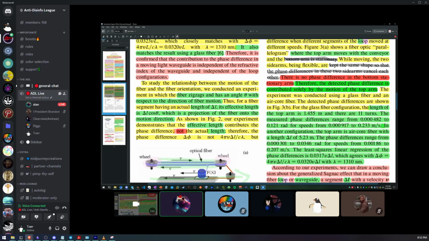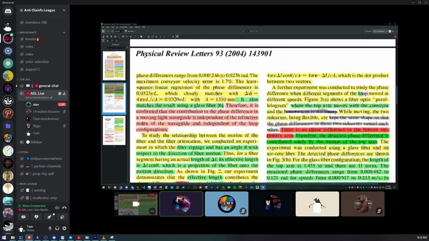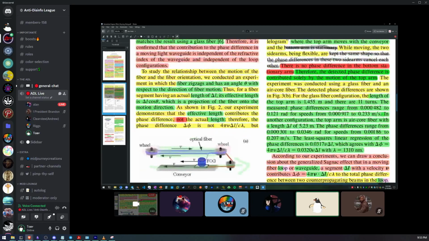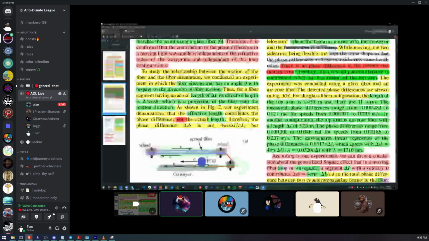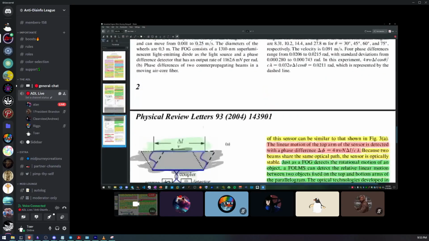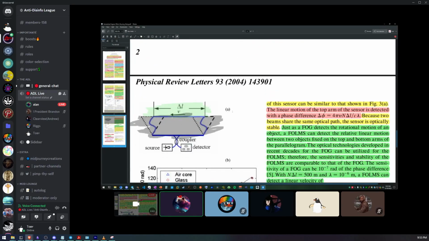There's the cosine, the projection of the fiber onto the motion direction. I think that is what he's saying. When it's in a zigzag configuration. Oh yeah, the parallelogram.